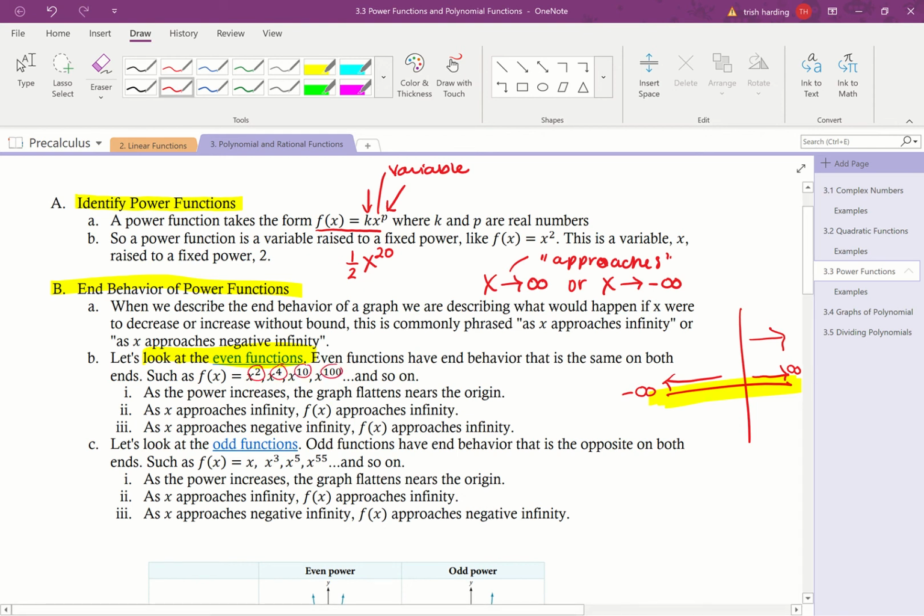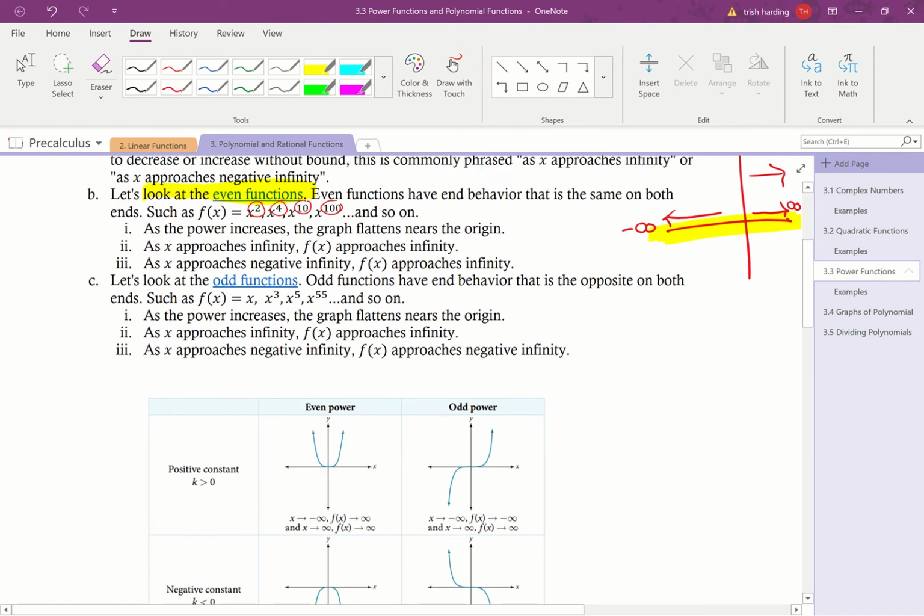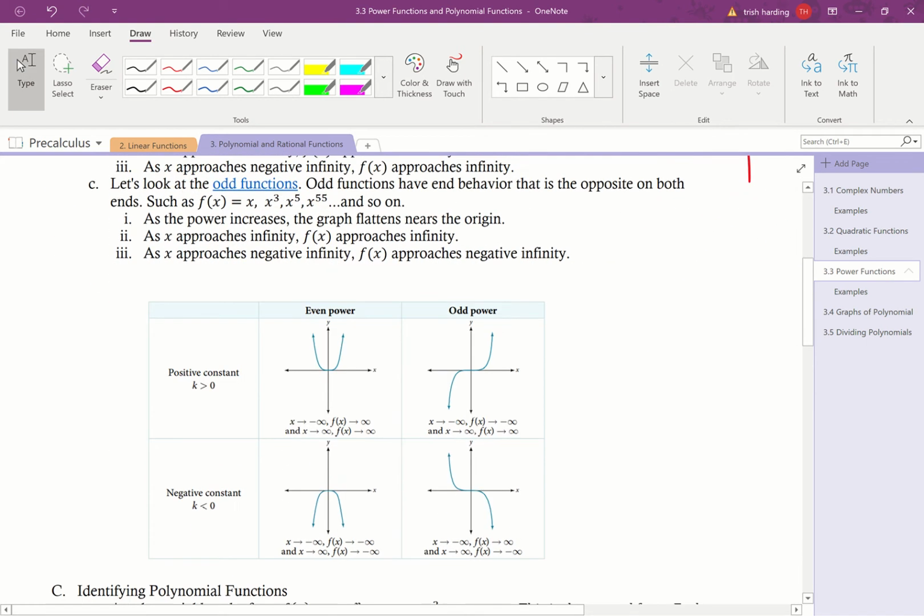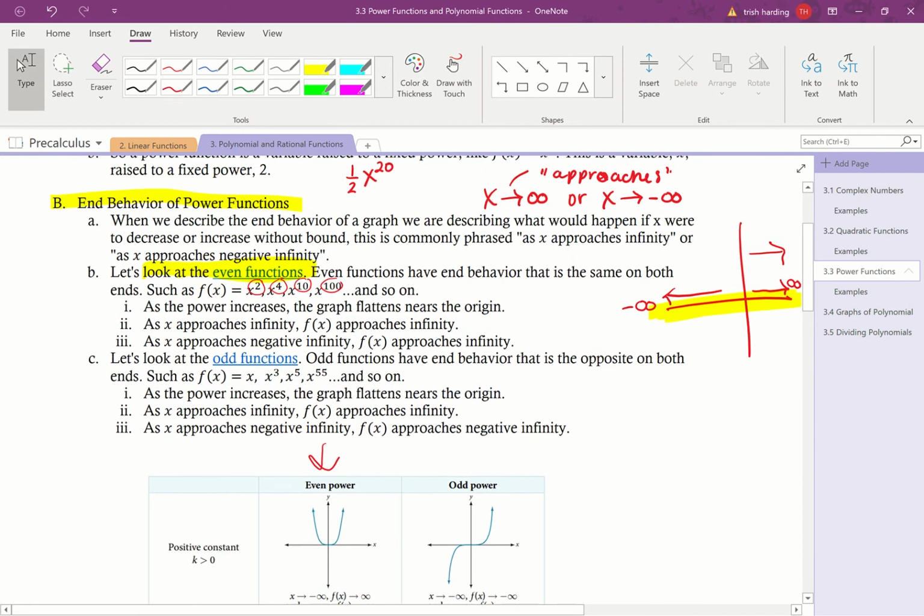If it's an even number, it's going to be an even power function. So what we will see, and you can see from this table below, is that for the even functions, the end behavior will be the same.